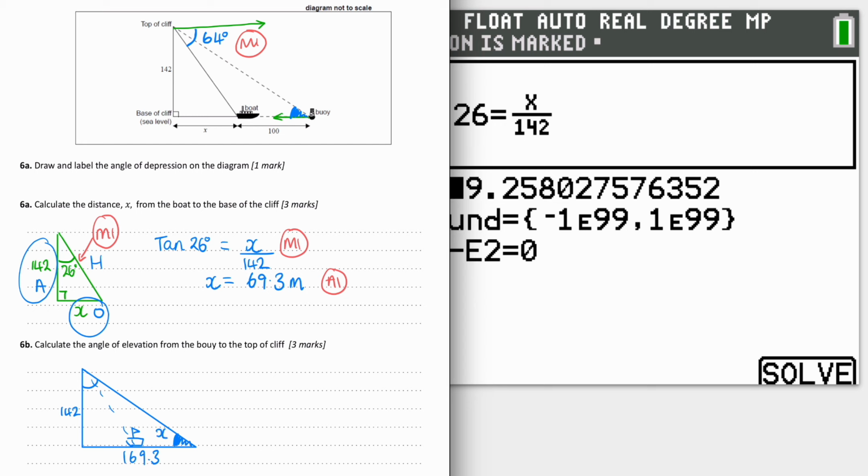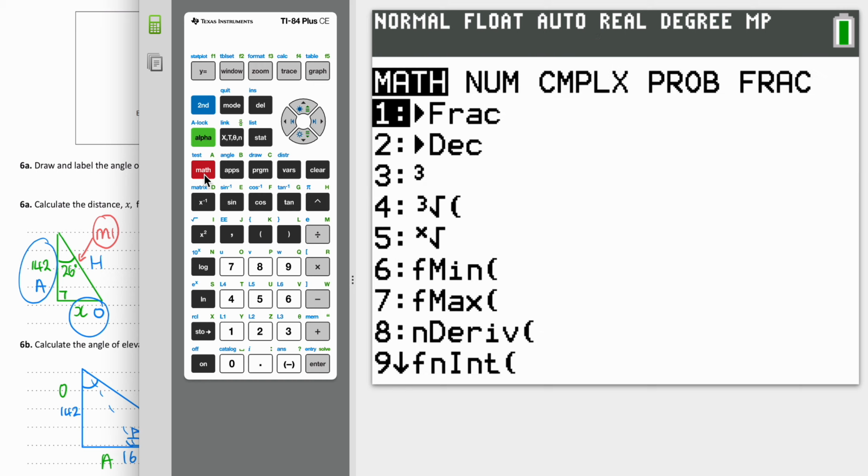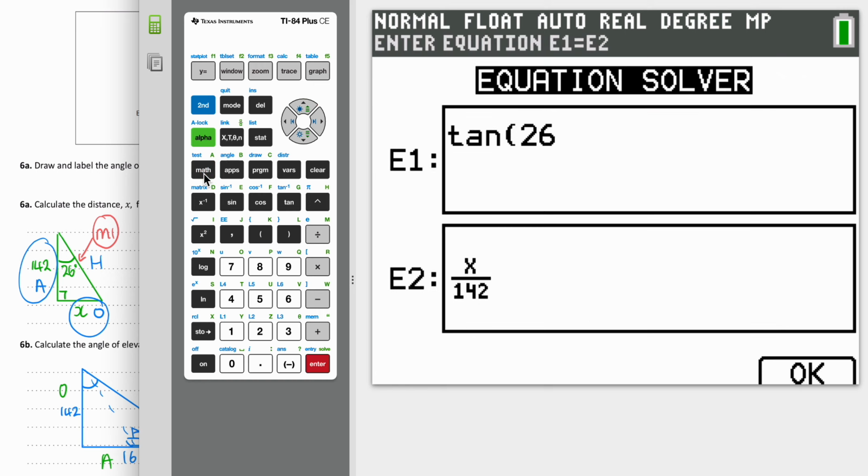Again, if I label it up, this is my opposite, my adjacent, and my hypotenuse. So again, I'm using tan. So tan of x, which is the angle I'm trying to find, is equal to 142, which is the opposite, over the adjacent, which is 169.3. In the same way, I'm going to go into my calculator and type into numeric solver. This time, I don't know what the angle is, so that is my x.